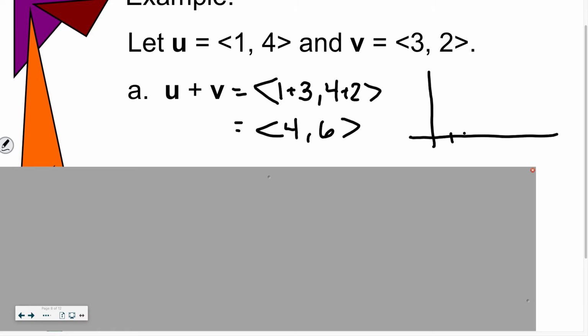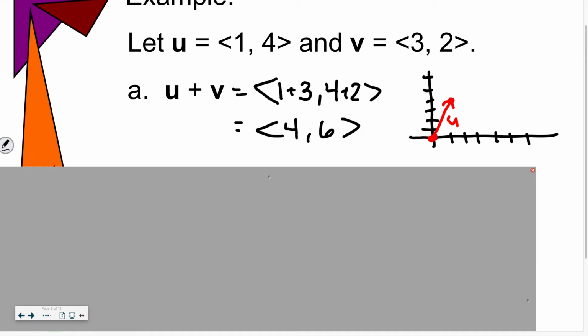I'm going to sketch myself a little coordinate plane. Well, I'm starting with U, so I would sketch U, which is in component form 1, 4, so I'm assuming it's in standard position. Start it at 0, 0. And go right 1 and up 4. So there's U. Just follow its direction and magnitude.